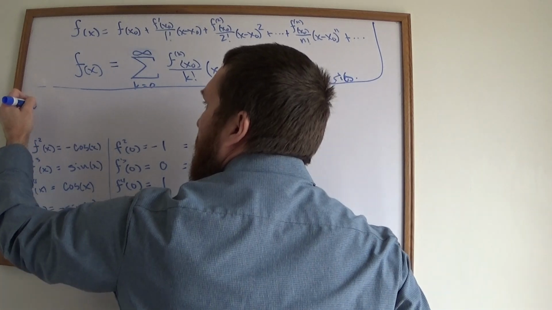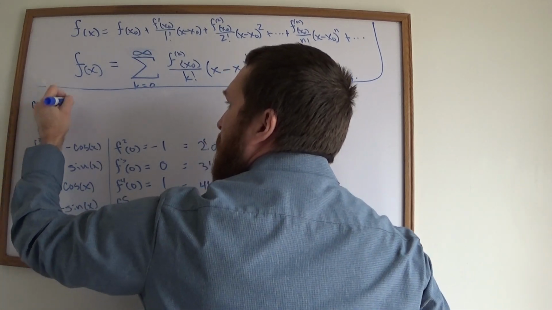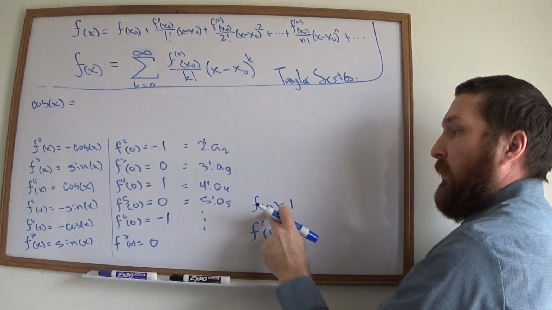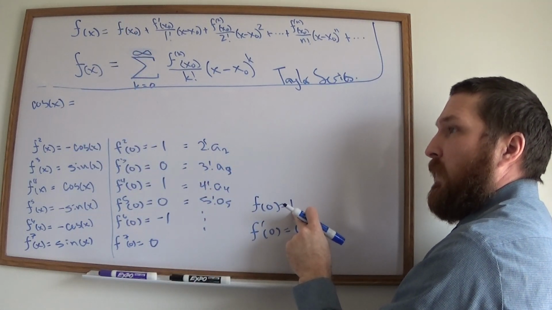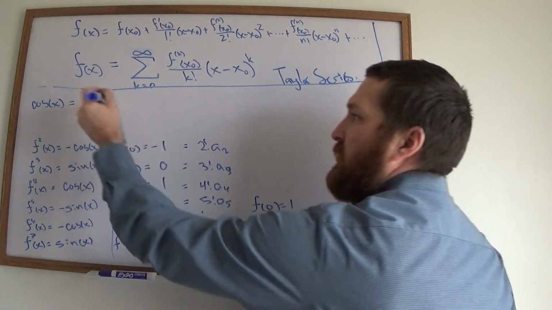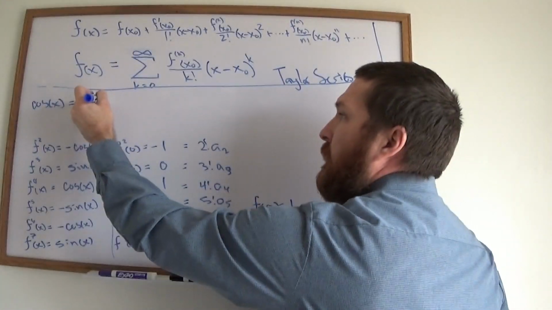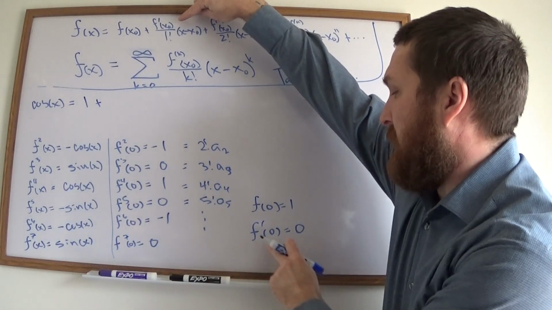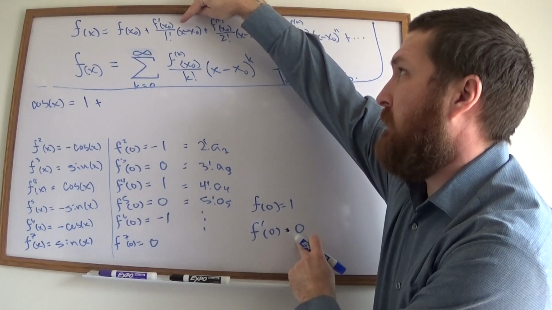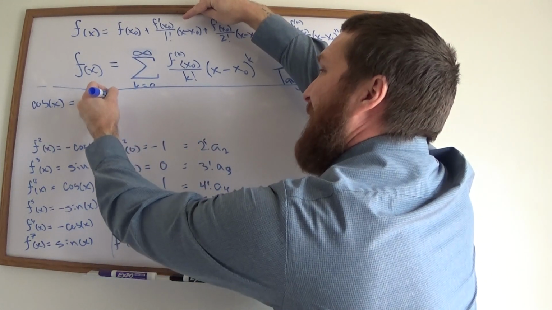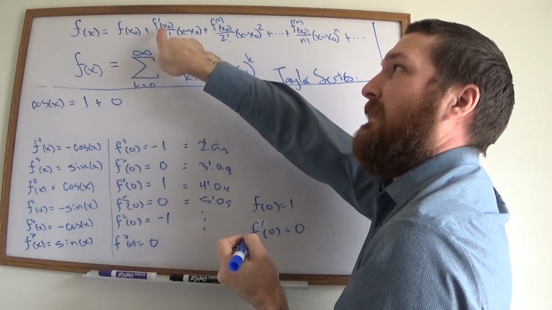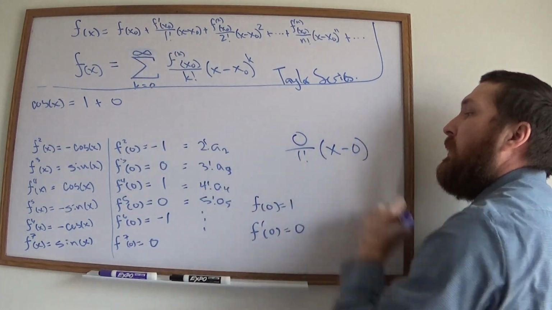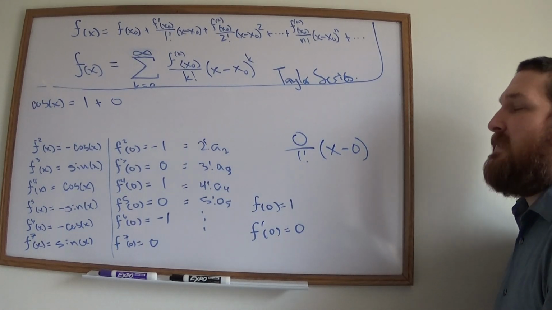I'm going to say cosine x, because we actually had an f, is equal to, plug that in, 1 divided by 0 factorial, which is just 1. Plus, f prime evaluated at x0 was 0, so I'm just going to write a 0 there, because that's 0 over 1 factorial times x minus 0 to the first power, still 0.